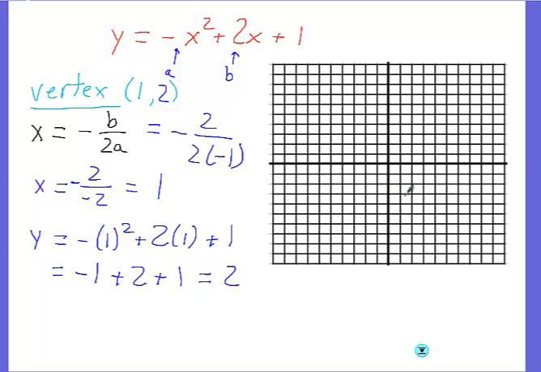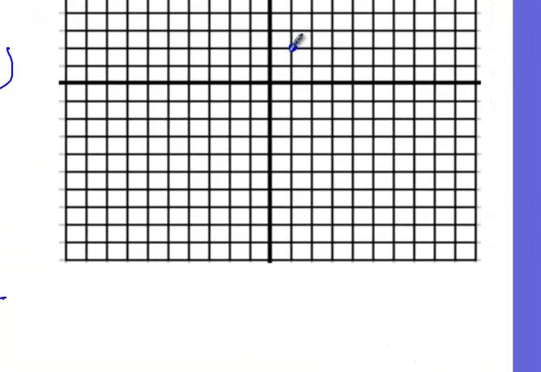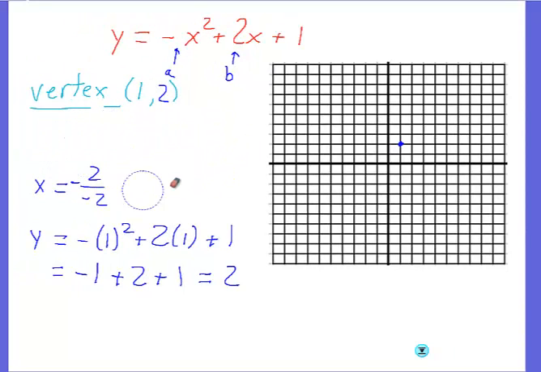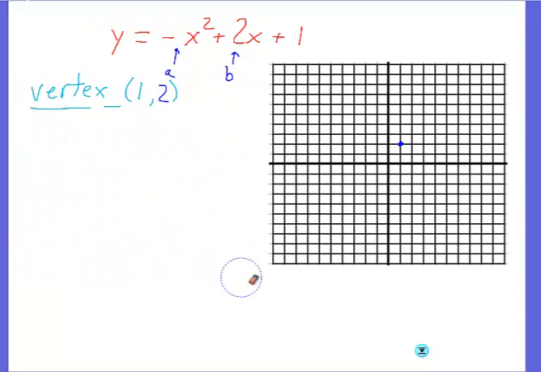So I'm just going to start off by putting that on our graph. So 1, 2. That's our vertex. Now, the other thing you want to be able to find is the axis of symmetry. If we remember what happened on the last slide at the beginning of this video, your axis of symmetry is just going to be the x value of your vertex, which is 1, 2.